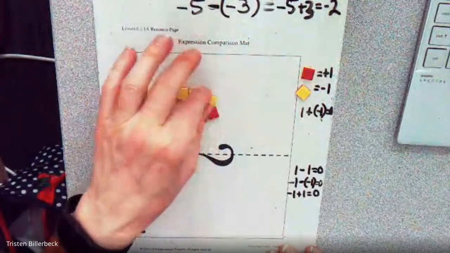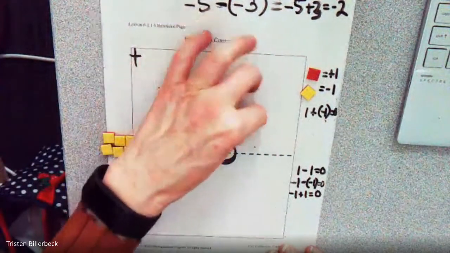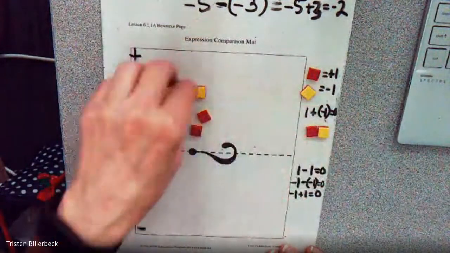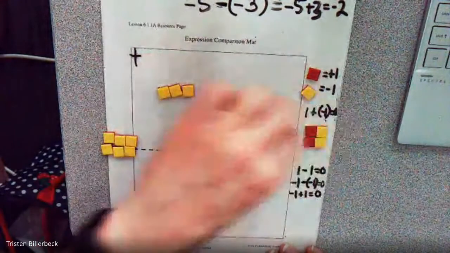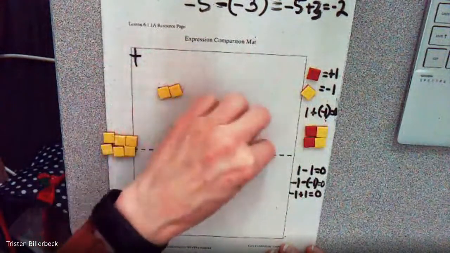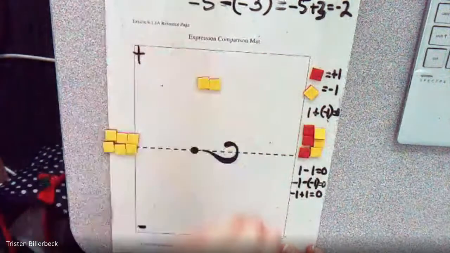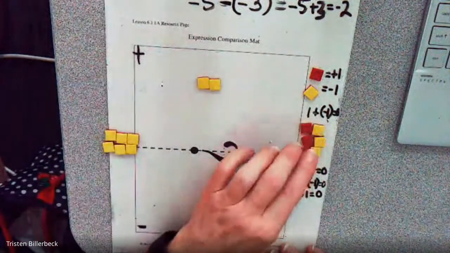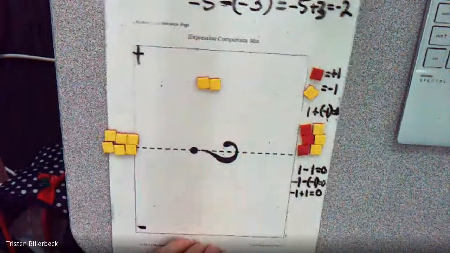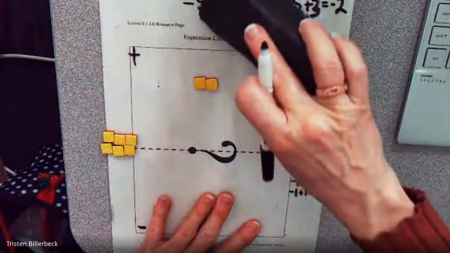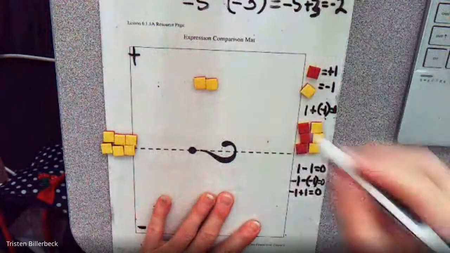Okay, well, we have a 1 plus negative 1 right here, and another 1 plus negative 1, which is a 0. And another 1 plus negative 1 is a 0. And look at that, still negative 2.